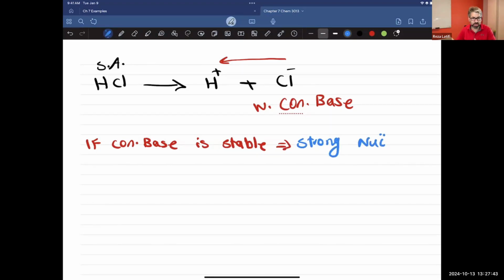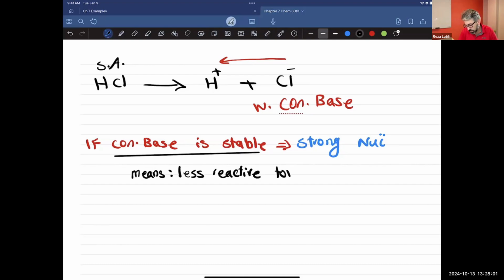Why? What's the reason behind it? The reason behind it is, when you say the conjugate base is stable, it means less reactive. When I say reactive, I mean toward the H plus. It's not going to be looking for H plus to take H from the system and turn to a neutral compound.